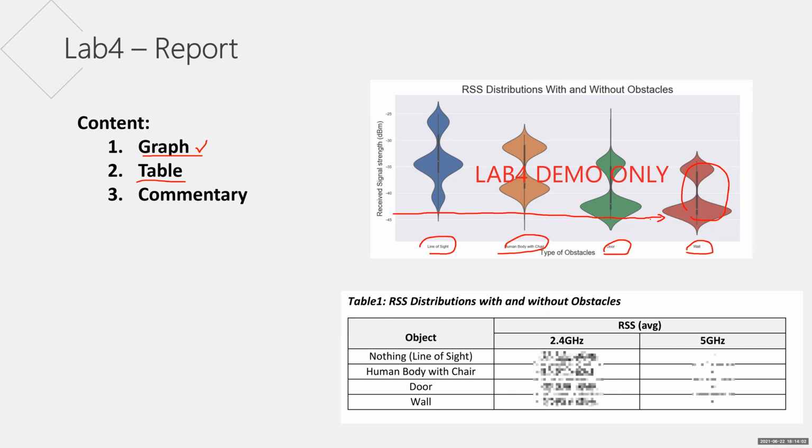So we have less signal strength with a wall. And with line of sight, you can see the distribution is like this. It's a little bit different from other obstacles. So you can write down your commentary of your observation. But this one is only for demonstration. Your plot may not necessarily be the same as mine.